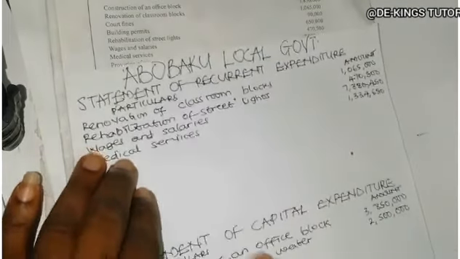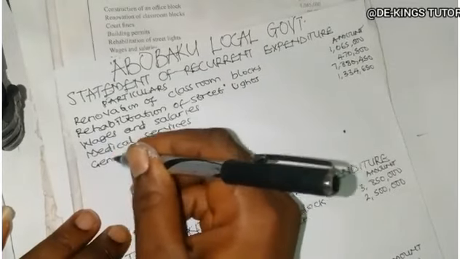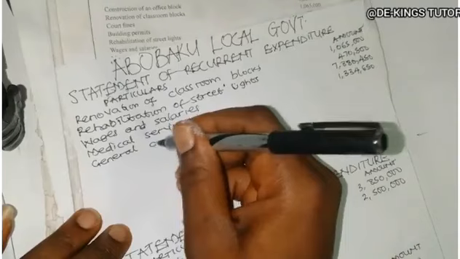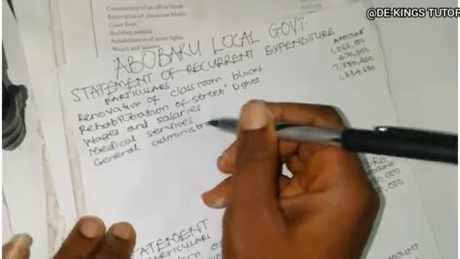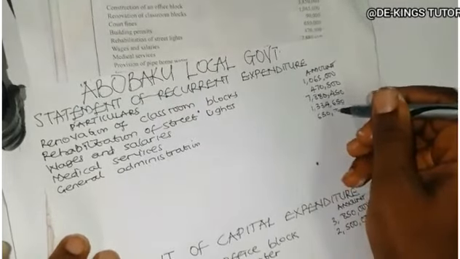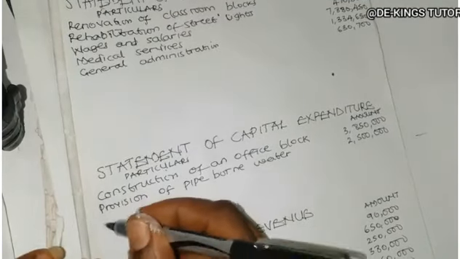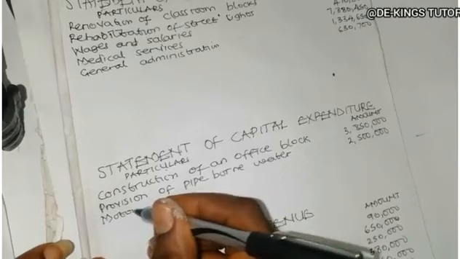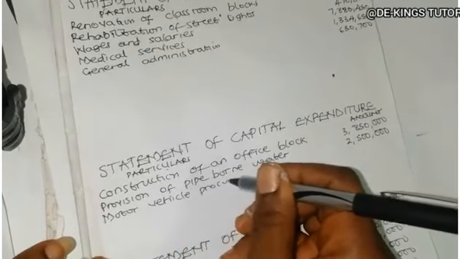General administration is a recurrent expenditure. The next one is motor vehicle procured. When you procure a motor vehicle, it is once in a while, so it's a capital expenditure.